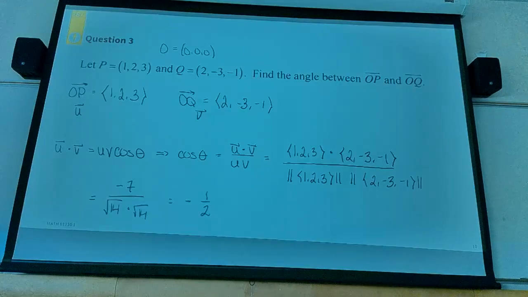You get -7/14, -1/2. Theta is then the inverse cosine of -1/2. What's theta? Pi over 3. 2 pi over 3.